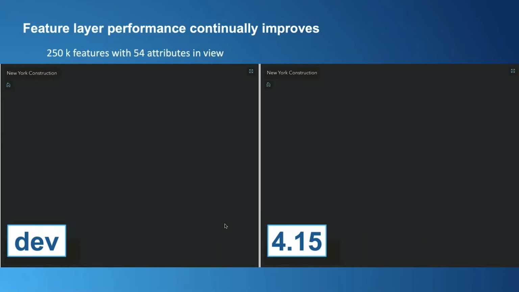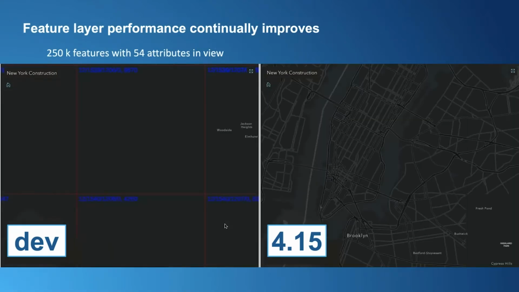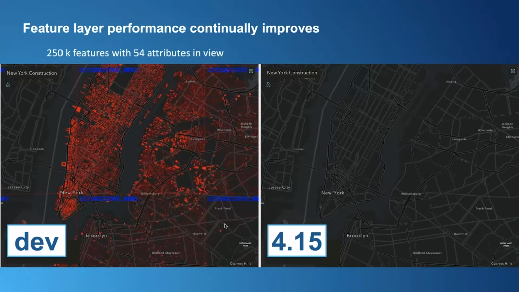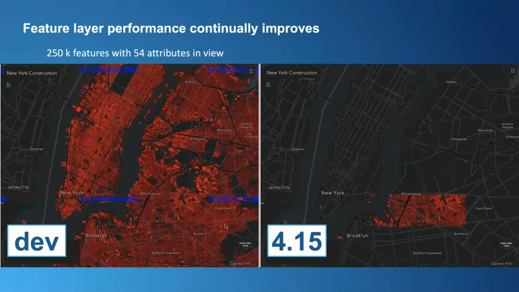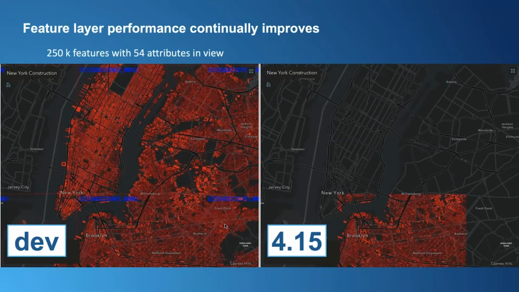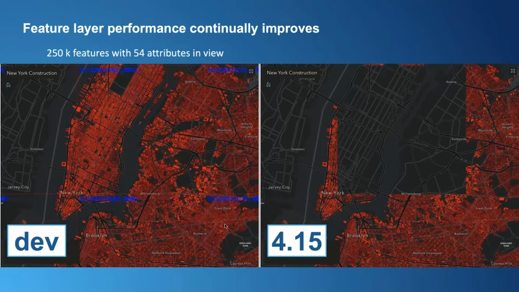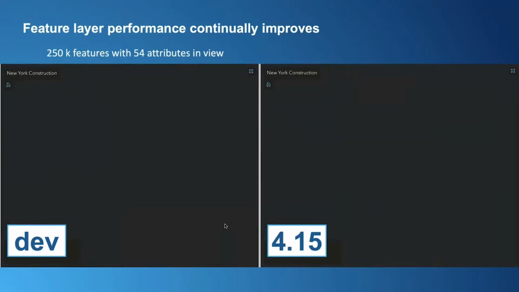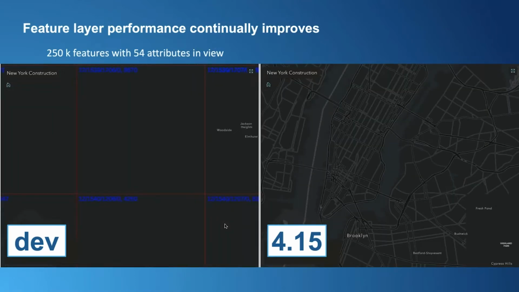Now, I'm not going to promise that the performance will look like this at 4.16, which is still very much a work in progress, but you can see that we are spending a lot of time on trying to improve the performance of your attributes. Now, that line of 250,000 features with 54 attributes is not applying to this particular layer, but we are able to bring down a lot of attributes with a lot of features in a very performant way.